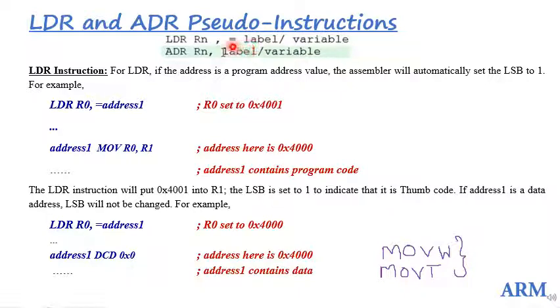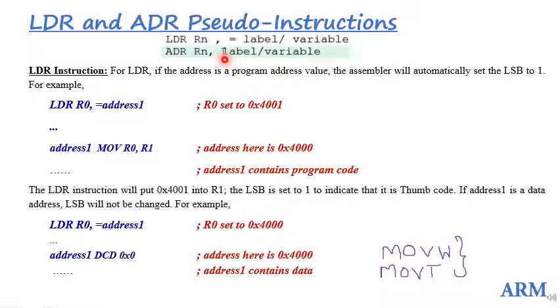There should be an equal to sign to load an address, and this label or variable corresponds to some identifier. I will give some identifier or label in the program whose address will be assigned to the destination register. ADR also does the same thing, but here you don't require the equal to sign.